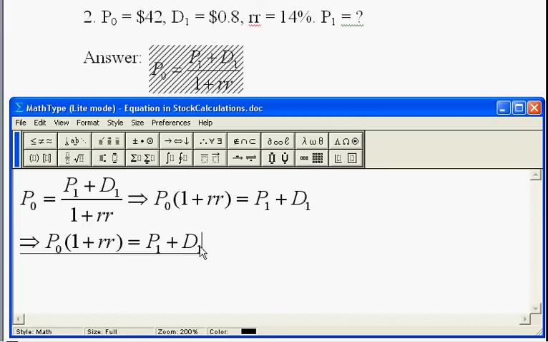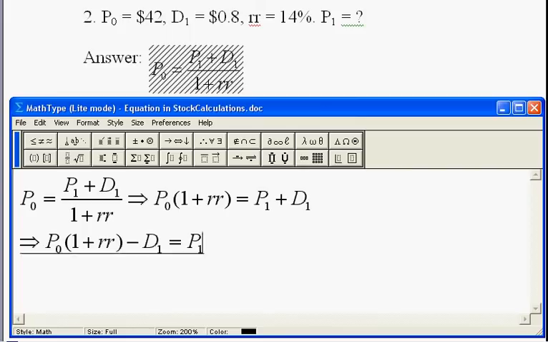And then again, my goal is to single out this future price. So I subtract the future dividend on both sides, right? When I subtract this future dividend on the left-hand side, it just goes there. If I subtract it on the right-hand side, this plus D1 minus D1 just cancel out to 0.